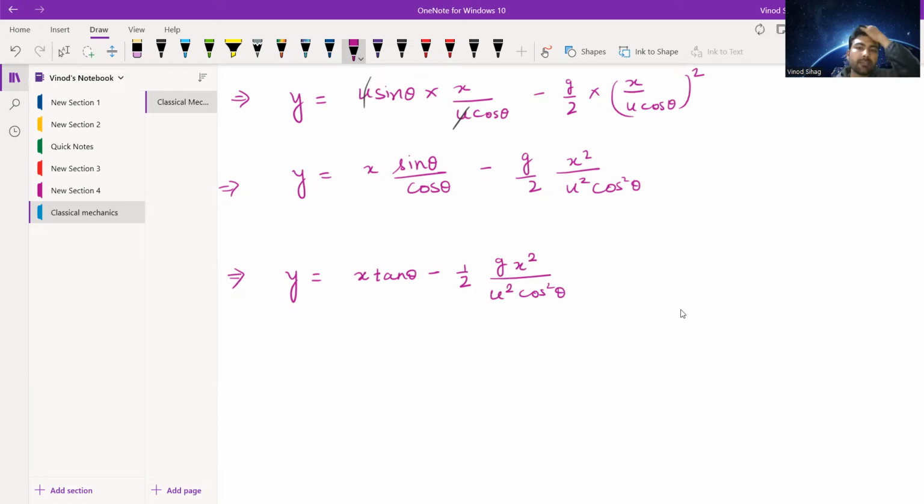So this is the final equation for the particle at a time t, where the x and y coordinates are interrelated with each other. Okay, let me box it.